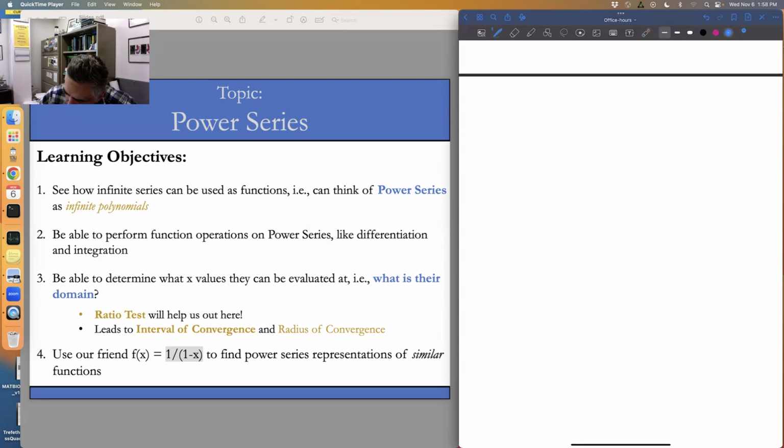So this part I'll just call generating power series from other power series. Okay, so in example number 1, let's take the power series that we have and integrate both sides.